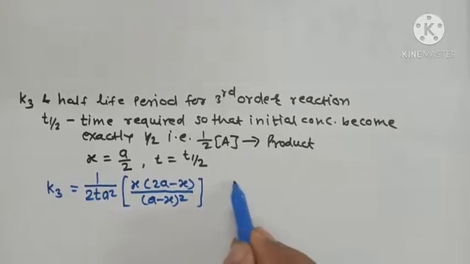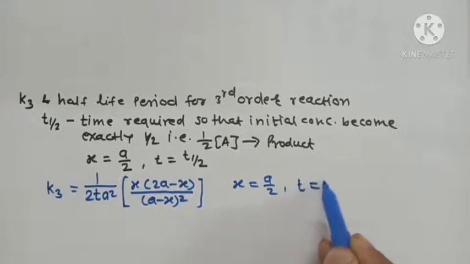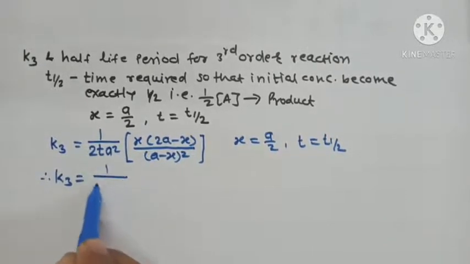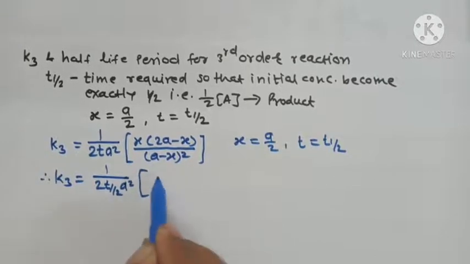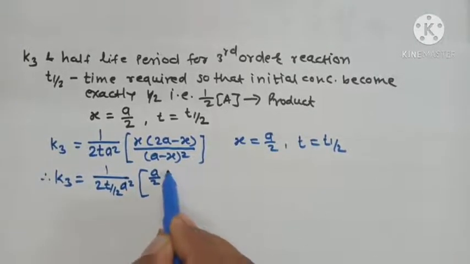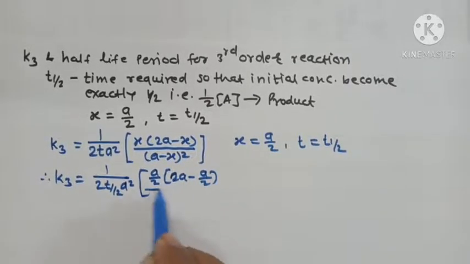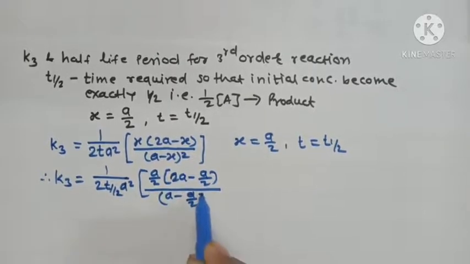What we have to do in this equation is put x is equal to a by 2 and t is equal to t half. Therefore we will get k3 is equal to 1 upon twice t half a raised to 2 multiplied by a upon 2 multiplied by (twice a minus a upon 2) divided by (a minus a upon 2) raised to 2.